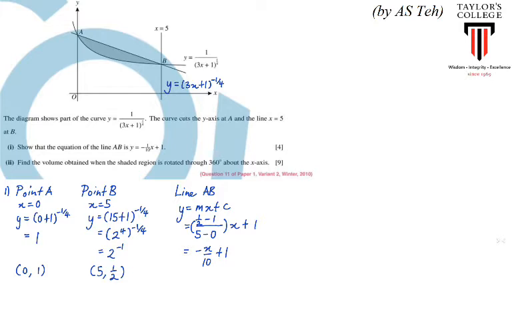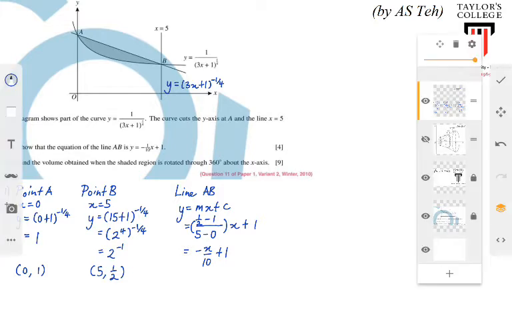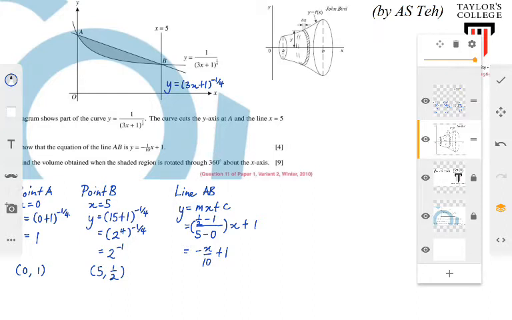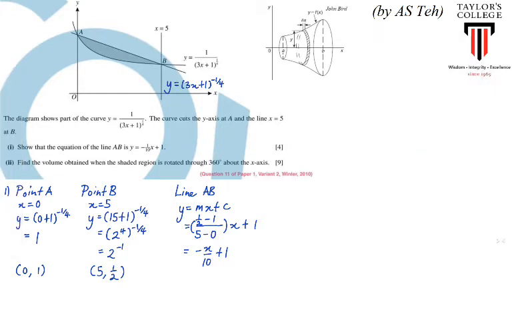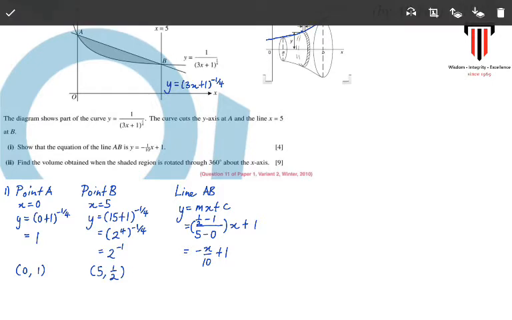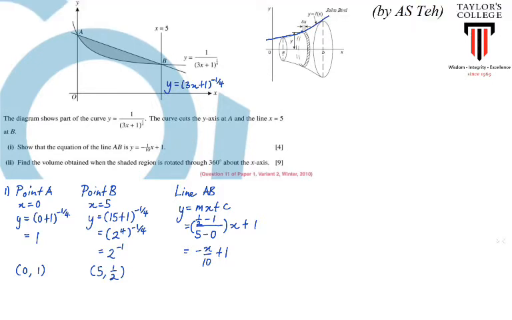Then we come to the next part of the question, which is to find the volume. Let's go to basics. If we have a curve, a function like this, and we want to find the volume, we look at the point where it's y and try to get the area of a disc first.